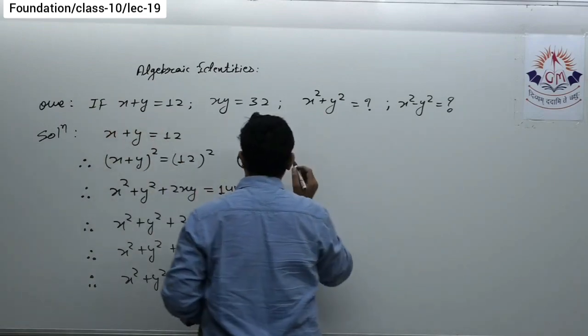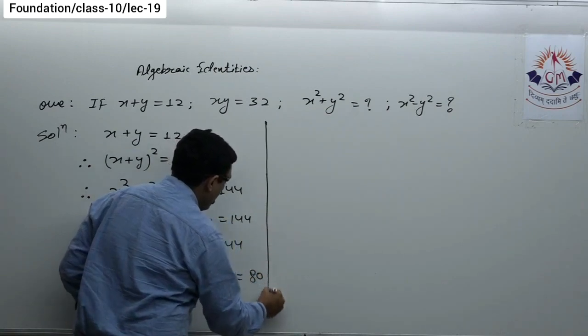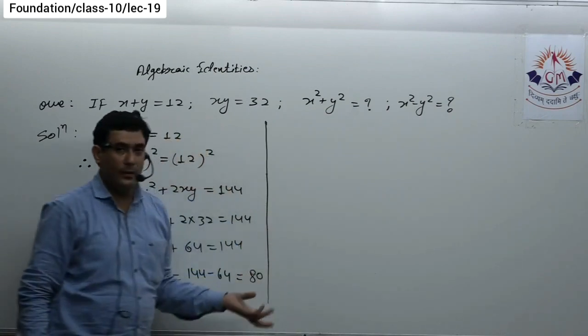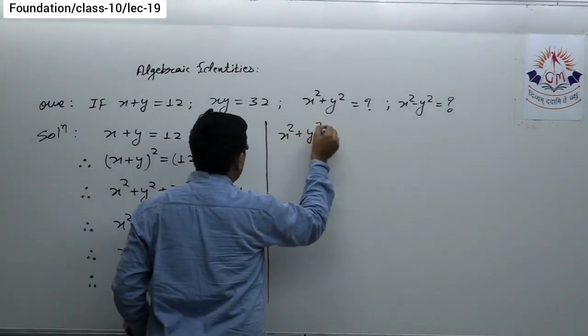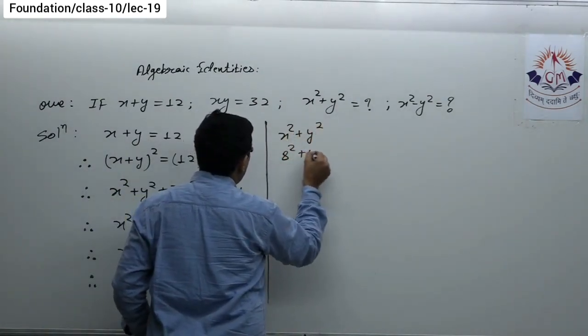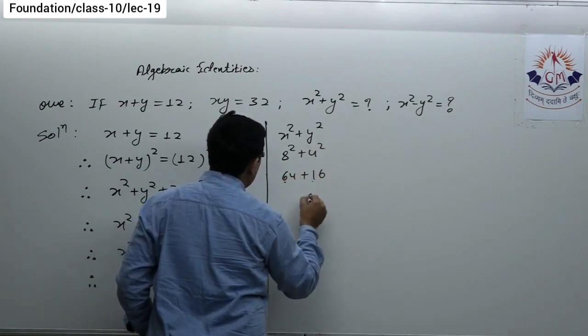Here we don't have any information whether x is greater than y or x is less than y, so it might be x equal to 8 or it might be y equal to 8. So now x square plus y square, that is 8 square plus 4 square, 64 plus 16. Yes, this is 80.